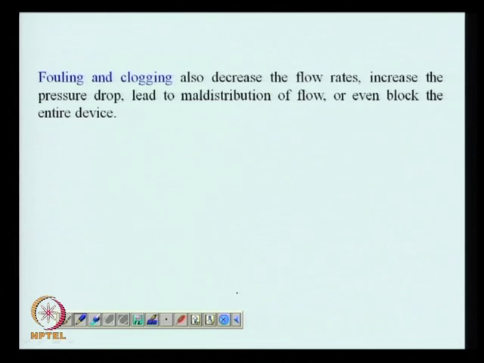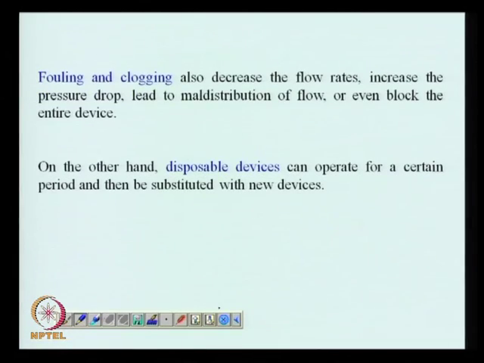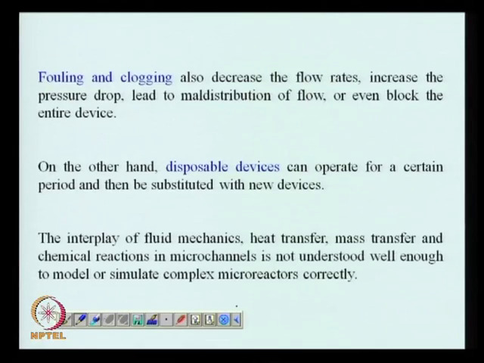It may increase the pressure drop, and distribution of the flow can become hampered, and the reusability of the devices is also put to question. But the trend is now therefore to use disposable devices that can operate a certain number of times, and then they can be substituted with new devices. So, this is another approach, as with increasing ease of production of these micro devices, since the fabrication techniques are becoming simpler.